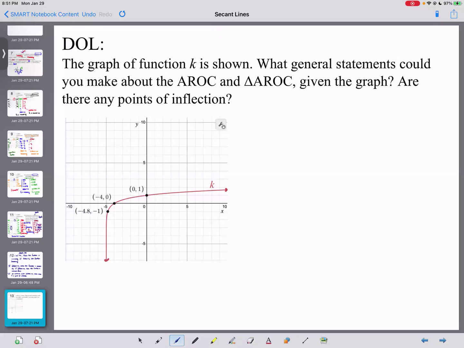What general statements could you make about this graph, about the AROC and the delta AROC given this graph? And finally, are there any points of inflection? Take a picture, whatever you need to do. Write down your reasoning why this is true. Make sure you give me the why. Don't just give me 2 words. Make sure you give me the reasoning why behind it. And send it in, and you will get your bonus.